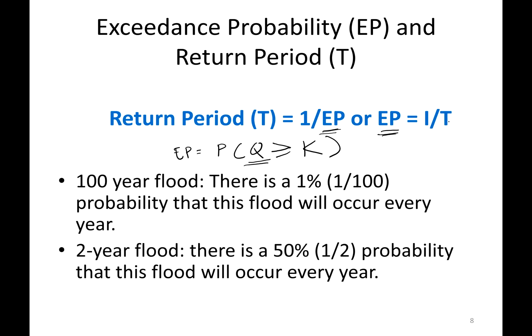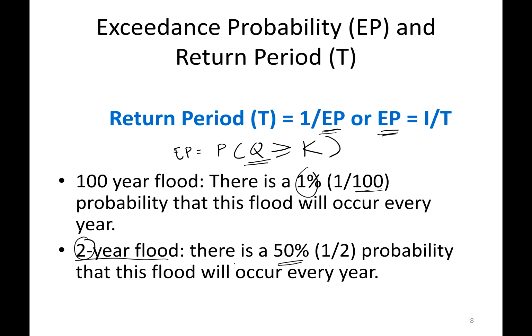In practice these days, many times instead of using the definition of recurrence interval for a 100-year flood, we say that there is a 1% chance. This 1% is 1 over the return period, which is 100. So there is a 1% chance or probability that the 100-year flood will occur every year. For a 2-year flood, there is a 50% chance, and 50% is again 1 over T, where T in this case is 2.